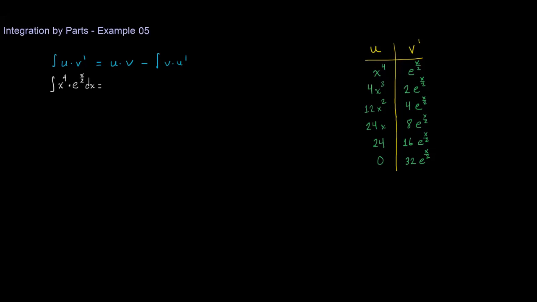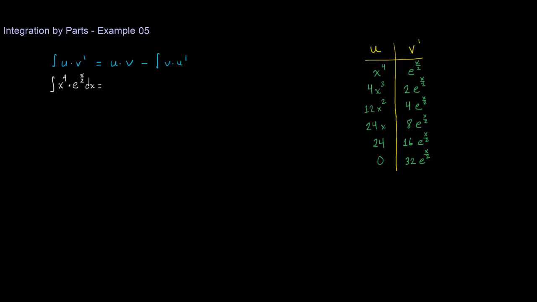Now, the integral that we're trying to solve is going to look a very particular way. It's going to be an addition and subtraction of terms, something like a plus b minus c plus d. We can find all these terms by using the table we have.